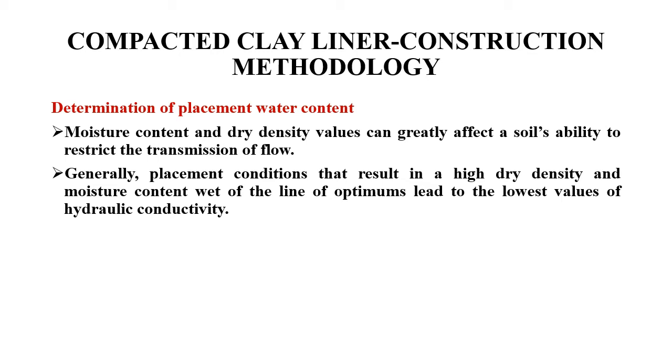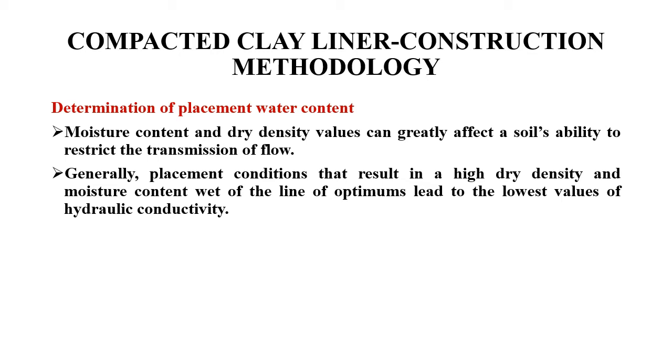Suppose the lifts that we use are 0.3 meter: first we will lay 0.3 meter thick clay soil on the ground, and then we will compact that 0.3 meter thick clay, and then over that we will lay the next layer of clay, and then we will compact that.